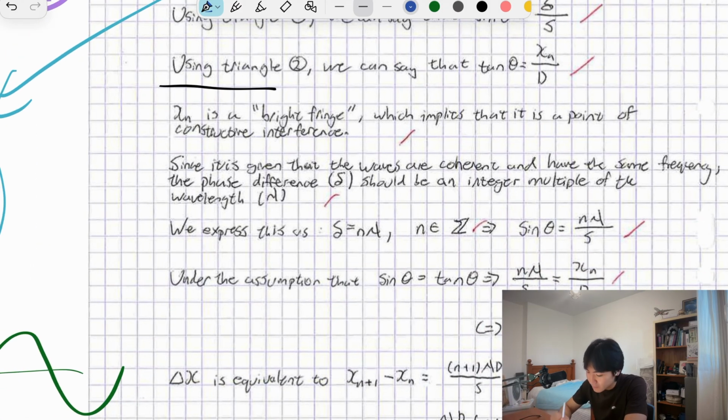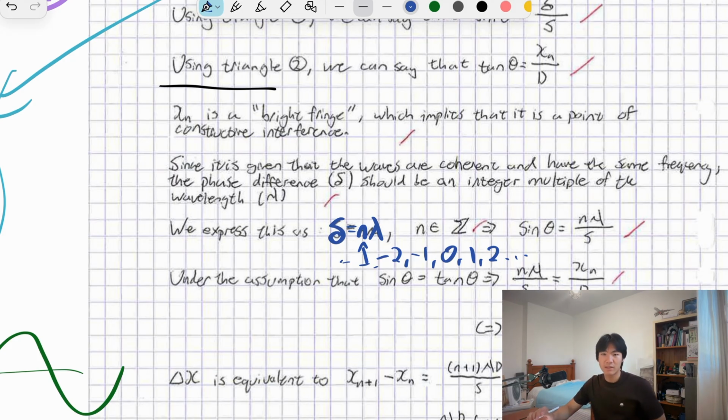And we can thus express delta as a whole number multiple of the wavelength, where n is any integer, meaning -2, -1, 0, 1, 2, and so on the other way.